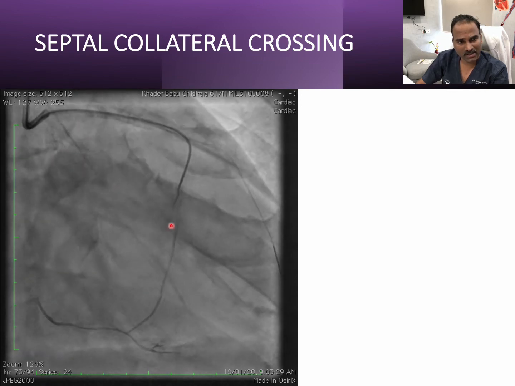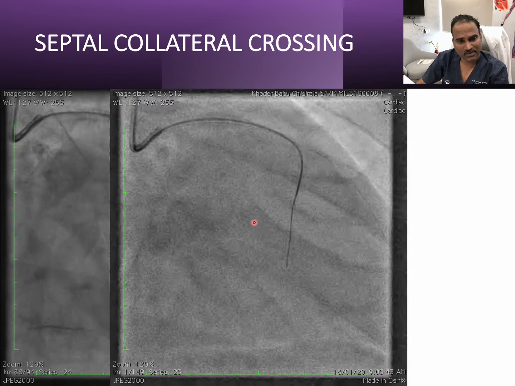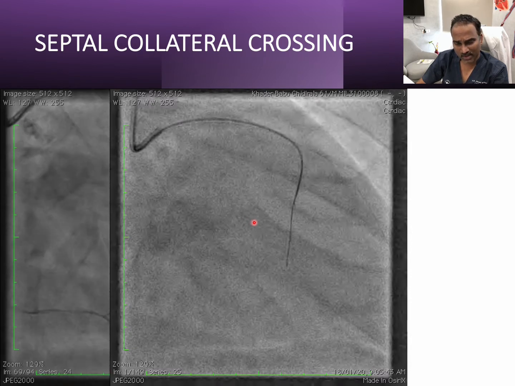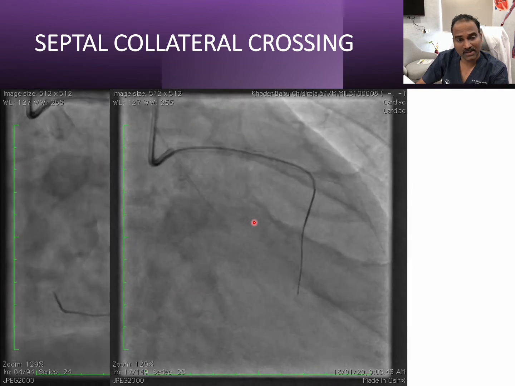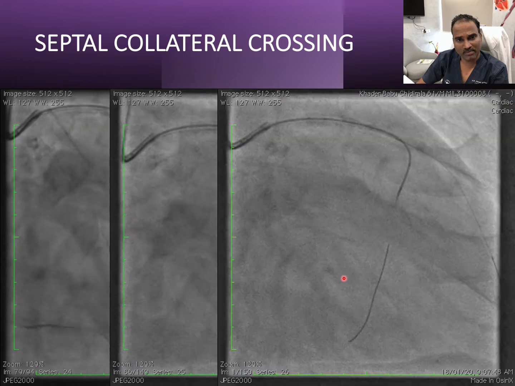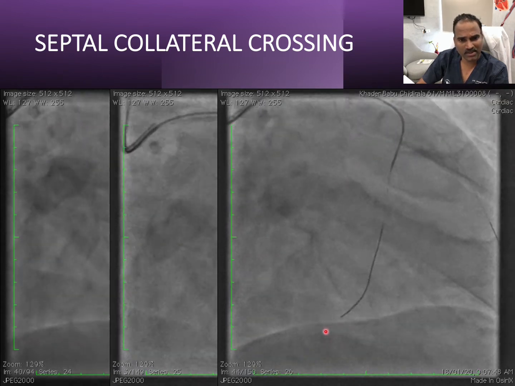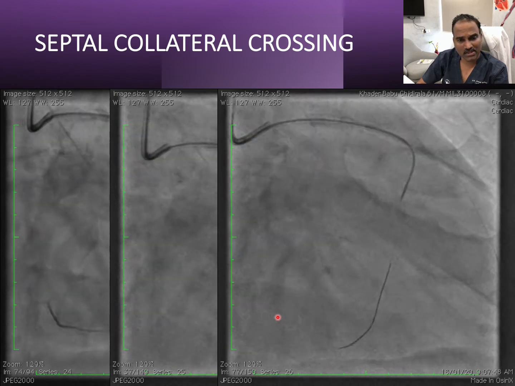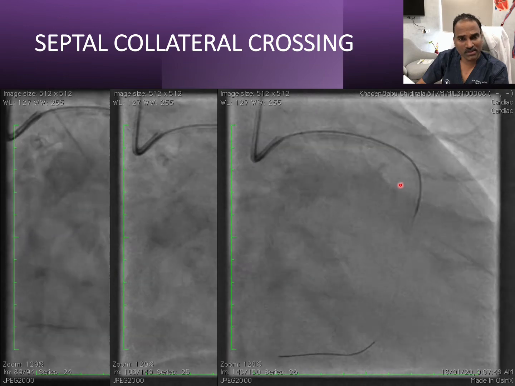We have a straight septal which is CC2, and we crossed with a Samurai RC wire in this case, but otherwise my choice of wire for septal is Sion or Suoh 03. As this is CC2, we were able to cross without much problem with Samurai RC, and you can see how well Samurai RC crossed the septal collateral and went into the PDA, and then we advanced the Corsair into the PDA.